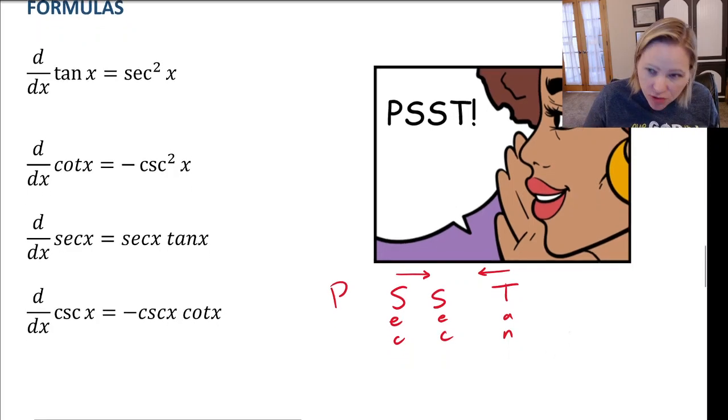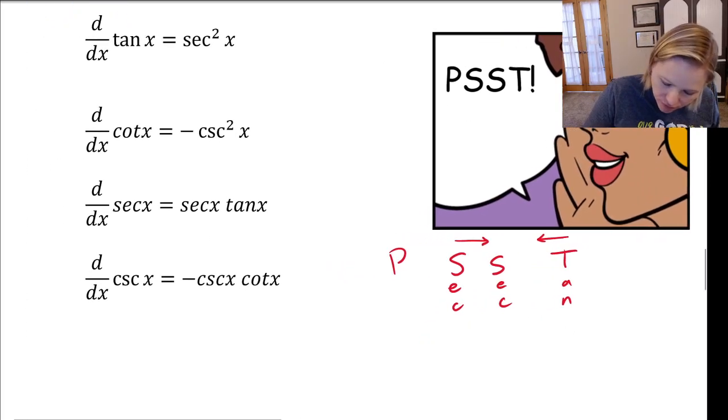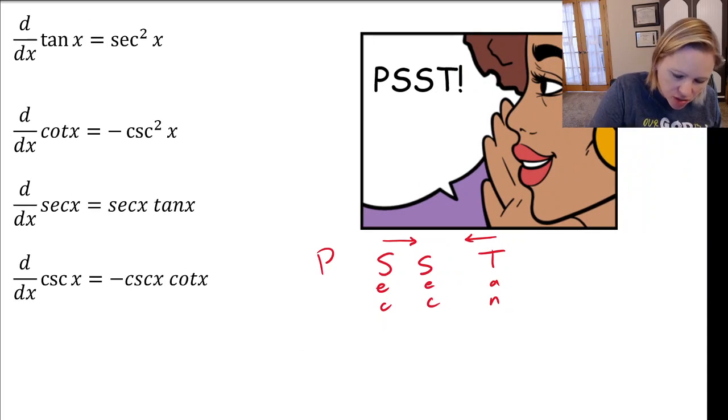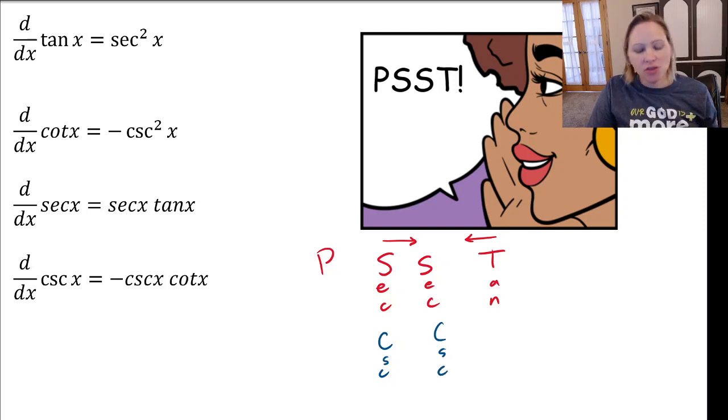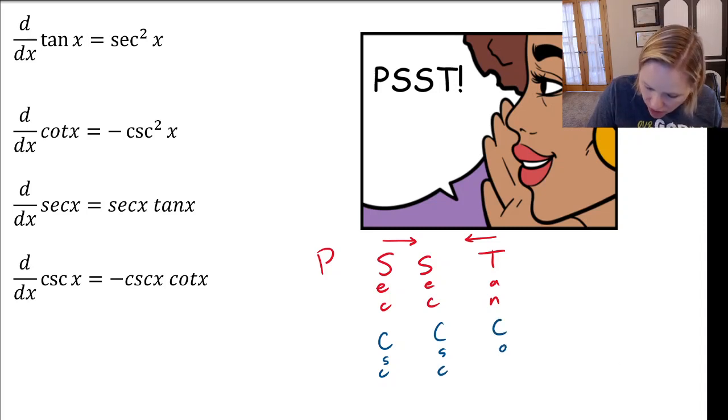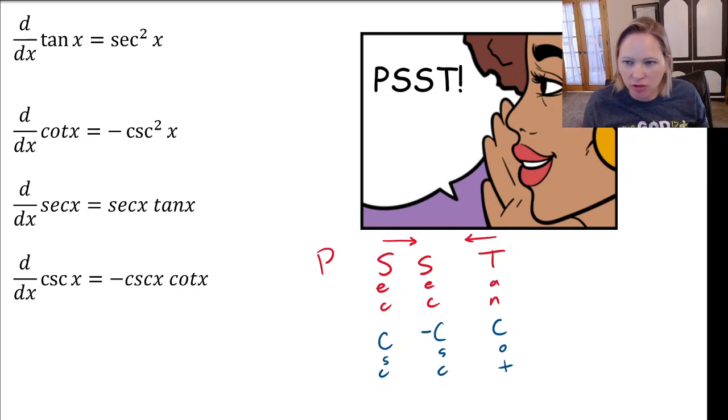And you can even use it to remember the cofunctions. So if you remember the cofunction of secant is cosecant, and the cofunction of tangent is cotangent, the one difference is when we do that, we have to put the negative sign in the middle.